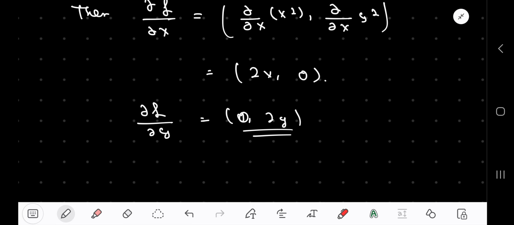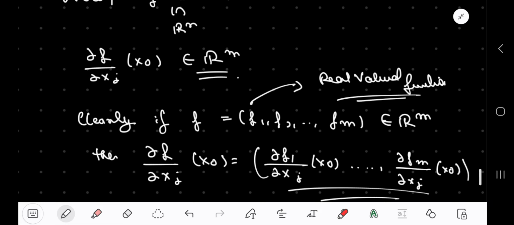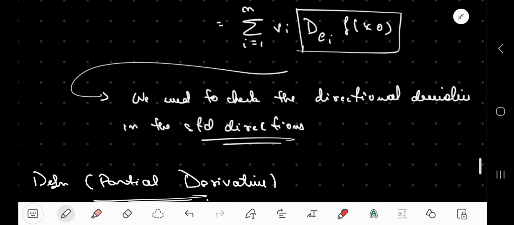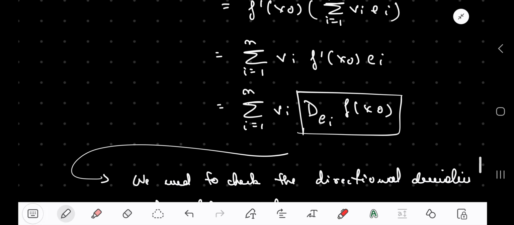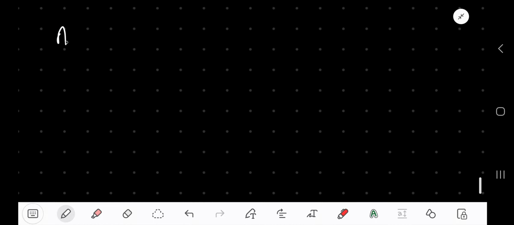Fine. We have already observed that if a function is totally differentiable at some point x0, then all its partial derivatives will immediately exist, because all its directional derivatives exist, right? One more thing: from here we can continue writing in this way also.